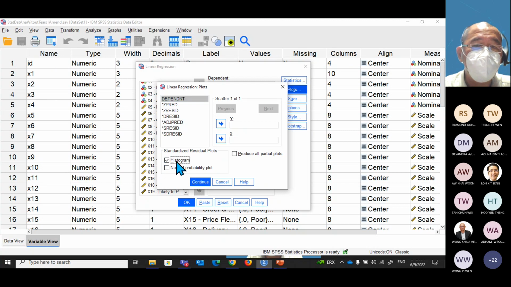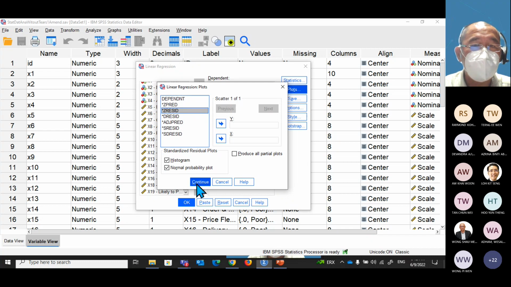We do the histogram and then the normal probability plot. Here you can choose Z residual. You focus on the Z residual. Dependent refers to the dependent variable. Z residual means the Z score for the residual.